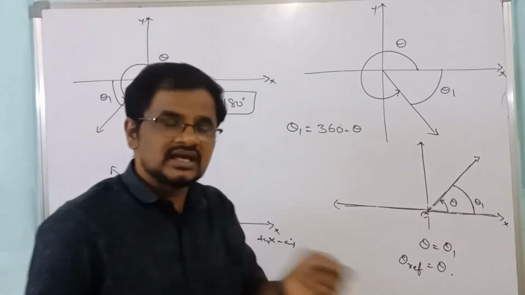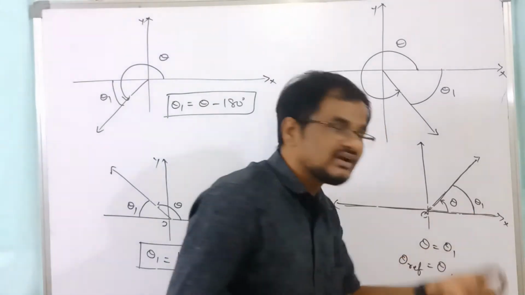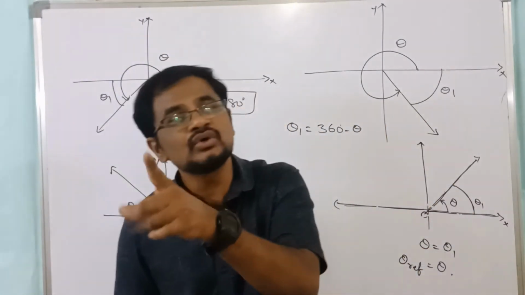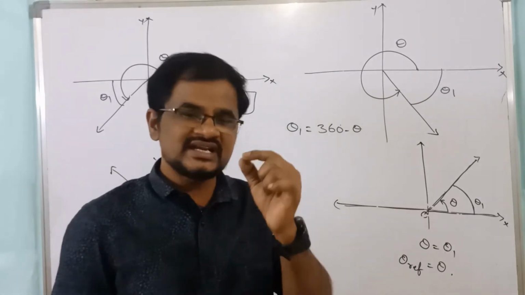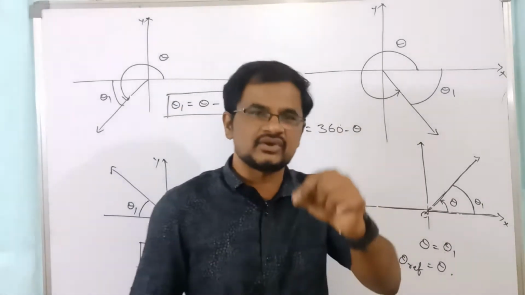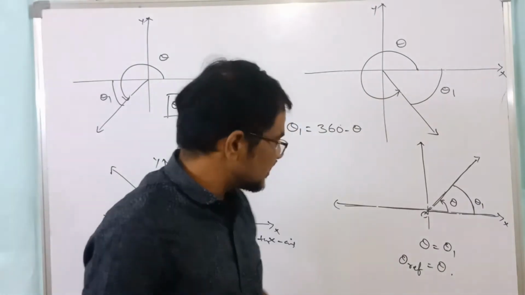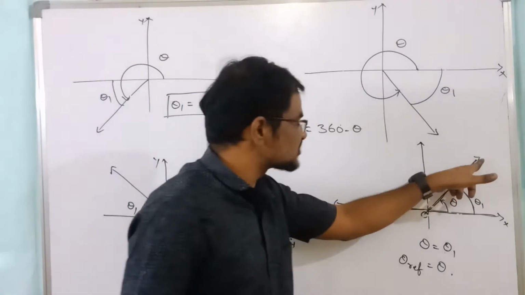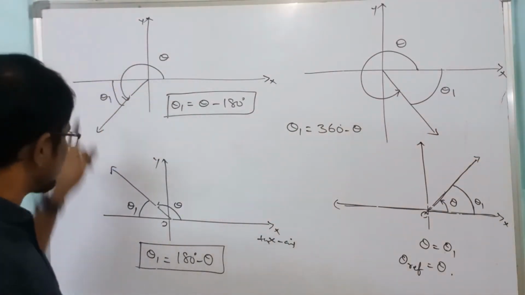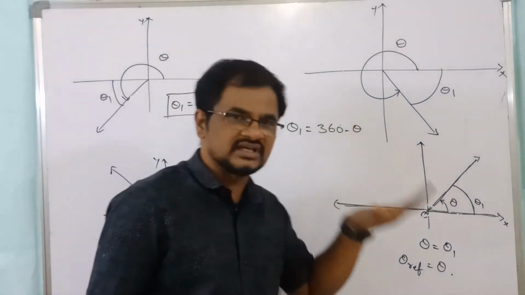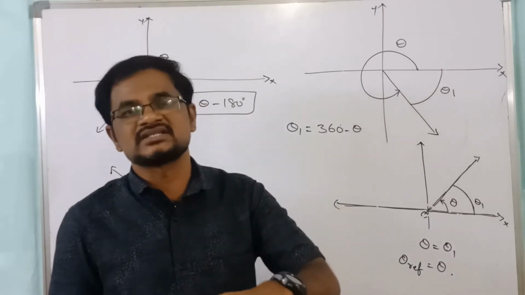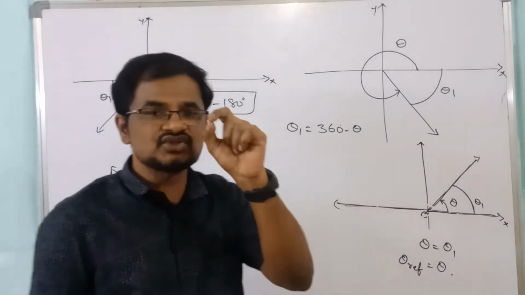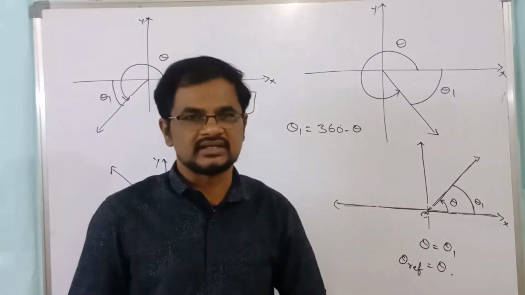But the reference angle theta 1 should lie between 0 and 90. That means the reference angle theta 1 is an acute angle formed by the terminal side of theta with the x-axis, in the first, second, third and fourth quadrants. It may be the positive x-axis or the negative x-axis, but what you should get is an acute angle.